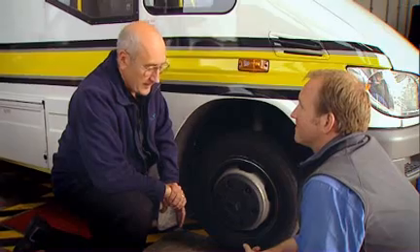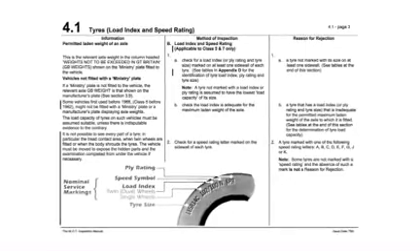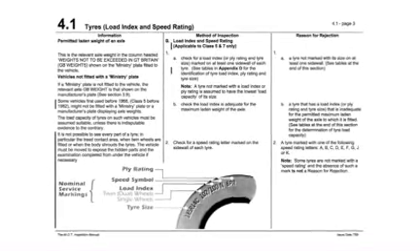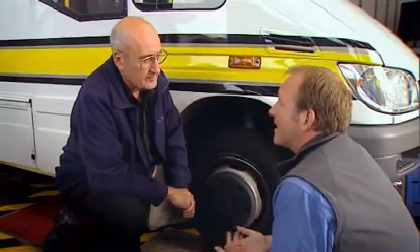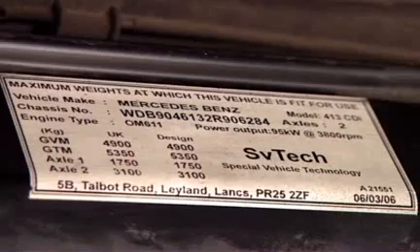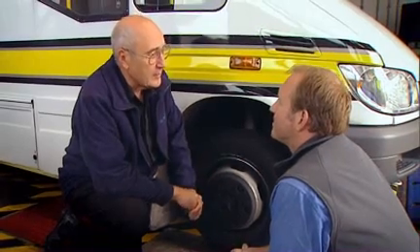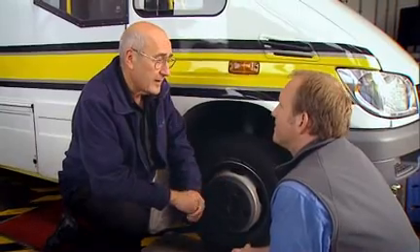We need to check the load index and the speed rating. Yeah, well done, mate. This is covered in section 4.1b of the manual, which only applies to Class 5 and 7. And we need to determine the axle weights from the manufacturer's plate for that. Yeah, right again, mate. We check the plate for the maximum axle weights in Great Britain, and then we check the tyre tables in the manual to make sure that this tyre can carry the weight.